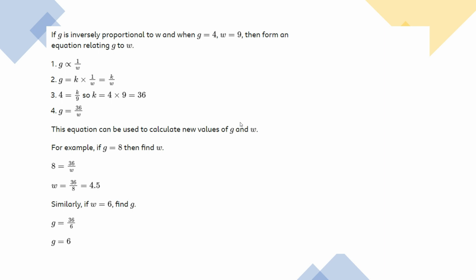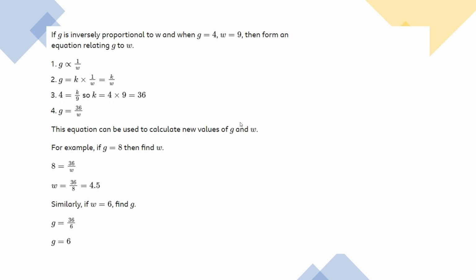Only difference is it's an inverse proportion, meaning in step 1 you will find that G is proportional to 1 over W. Okay, now in step 2 you can see that the proportionality sign between G and 1 over W is changed with equals and K, so G is equals to K over W, right? So G is equals to K over W.